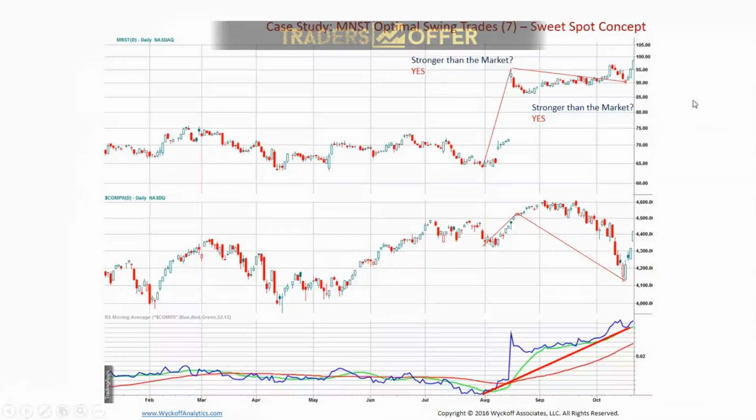So therefore, we could select this stock for the continuation of this trade. And please note how much stronger the stock is as the market goes down. As you start your selection process, putting different stocks on your watch list, this stock is going to go on the watch list, maybe somewhere in this area right here.